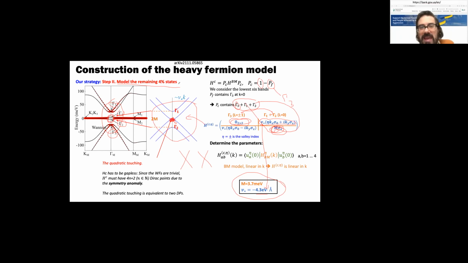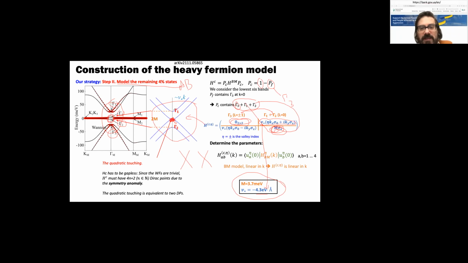Now, moreover, physically, in this audience, I don't need to tell you what this resembles. This resembles the AB untwisted bilayer band structure. So the c electrons, the conduction electrons, are actually the electrons of an untwisted AB, Bernal stacked bilayer graphene sheets.